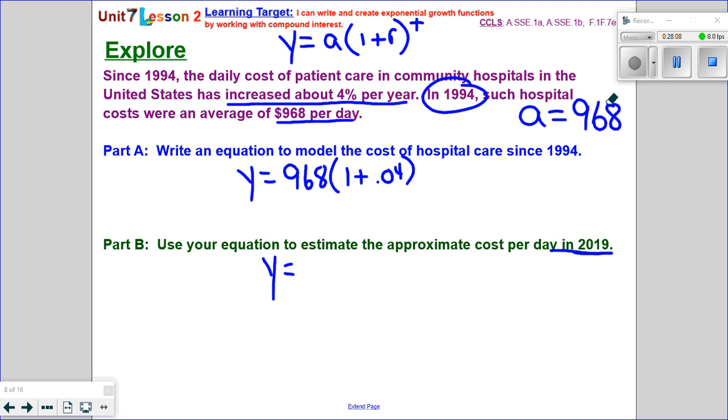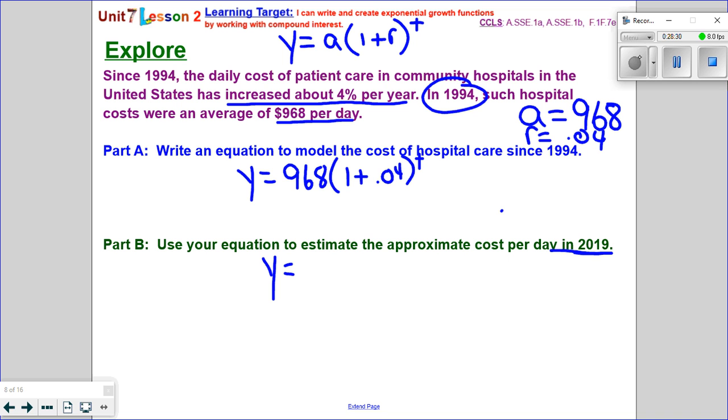The rate is definitely your 0.04. And you don't have any time, so the time is just t. So that's basically everything that's there. That's the equation, that's the answer to part A.